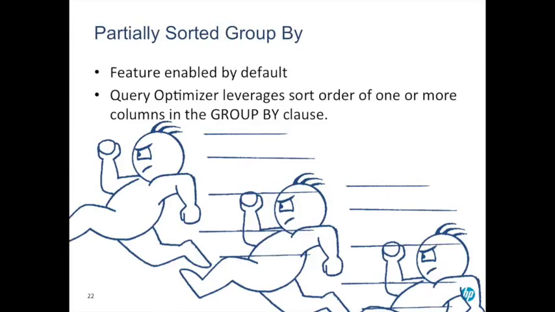Anything else you want to add to these two? Yeah, so for the partially sorted group by, the idea is that you do not need to have projections that are specific to all of the different possible aggregations. So basically, you can create a small set of projections that will apply to many different queries, and Database Designer is aware of this.